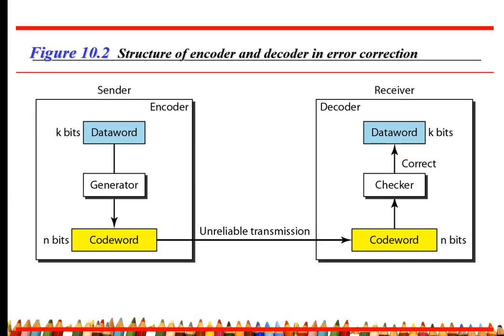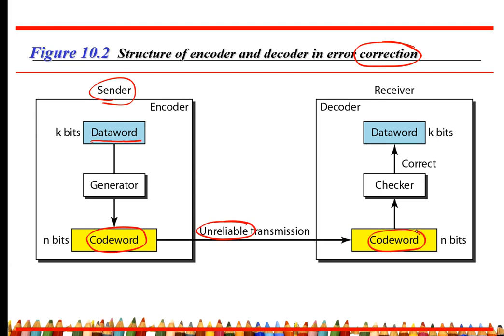Now we consider the structure of the encoder and decoder for the error correction method. From the sender, the data word passes through the generator, then code words are generated and transmitted through the unreliable transmission.